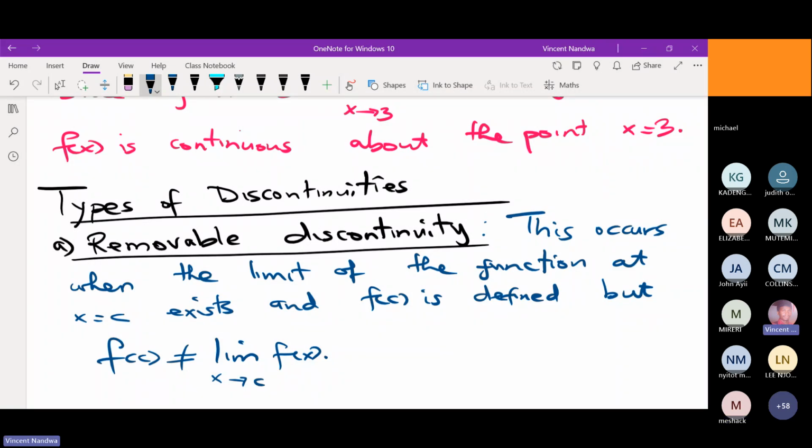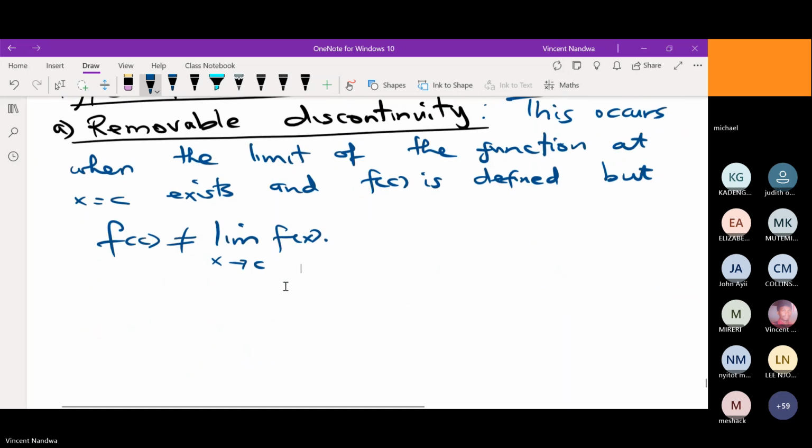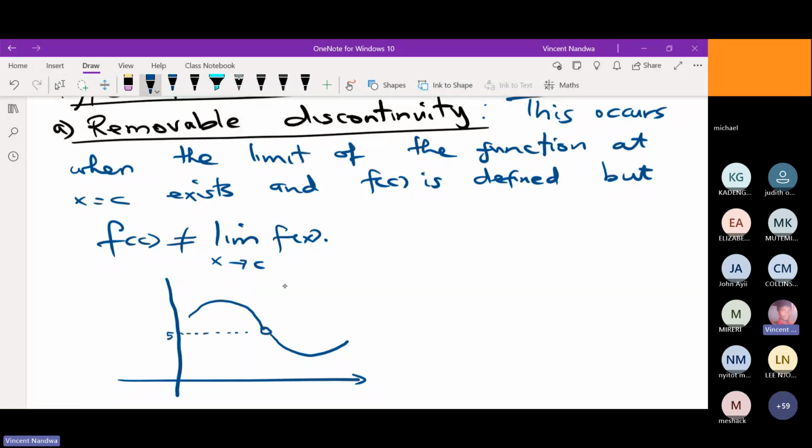So for example, let me draw a sketch. So we have this function here. Say this is 5, and this is 10.